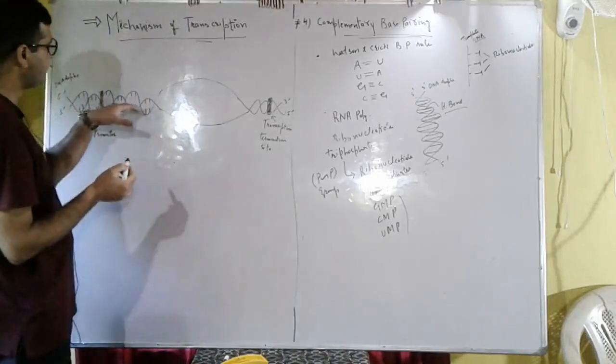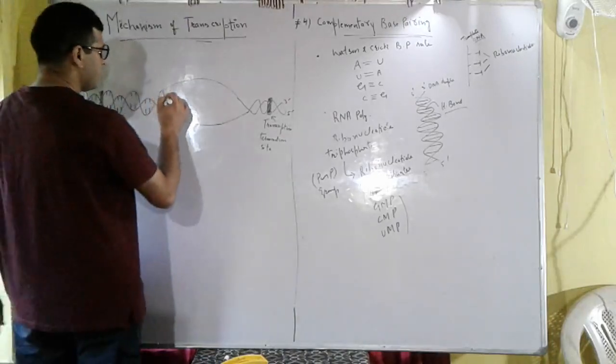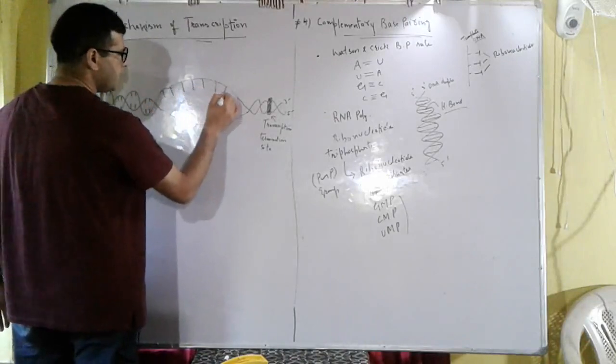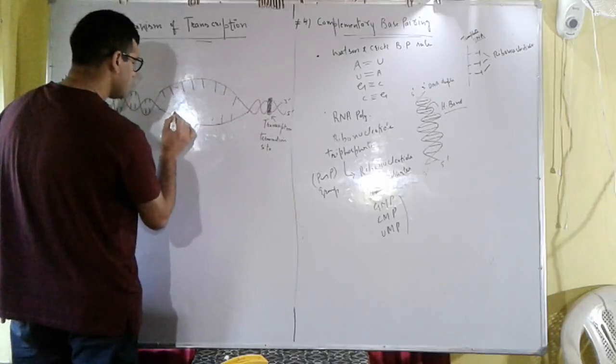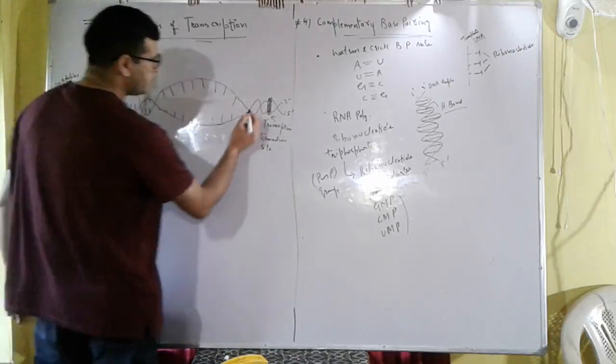This is complementary base pairing. So these are nitrogenous bases. They are complementary base pairs on the other strand.